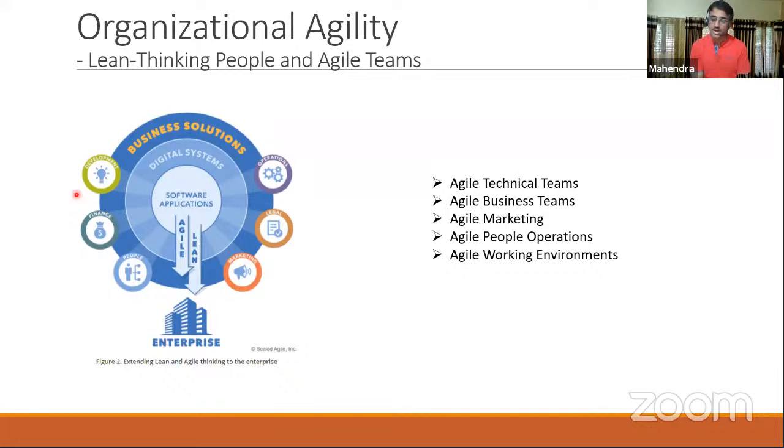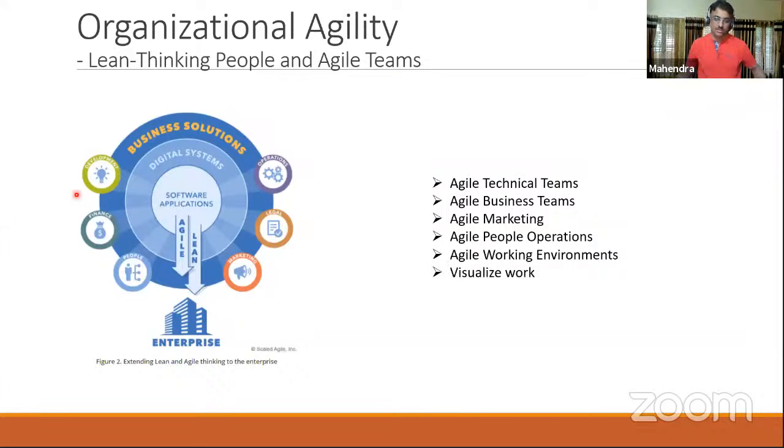And the work environment: having a conducive work environment to support the agile ways of working. It could be co-located or it could be distributed, so that is also important. It also talks about making the work visual.